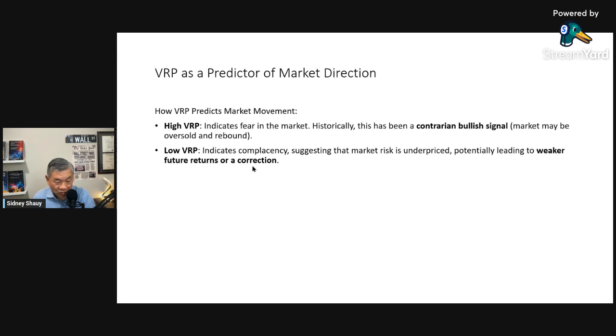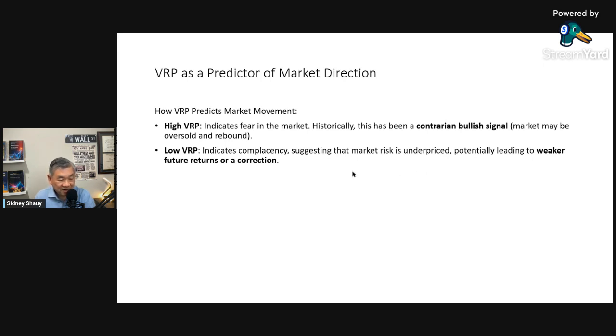When it's low, it indicates complacency, suggesting that market risk is underpriced, potentially leading to weaker future returns or a correction. So this is a result of studies. I'm going to show you the studies that indicated that this is true.